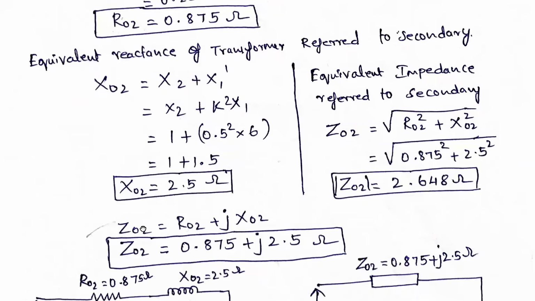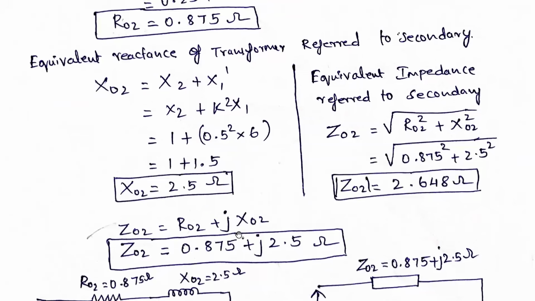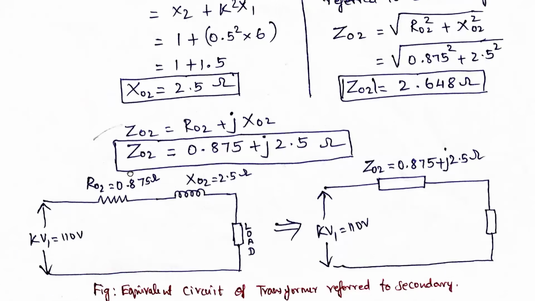Okay, so as a whole we are calculating, that means R naught 2 plus j into X naught 2, that means 0.875 plus j into 2.5 ohms. Now the equivalent circuit of the transformer referred to secondary. So what we are doing is we are converting into one.